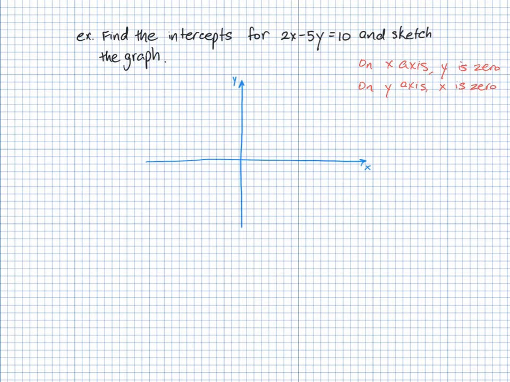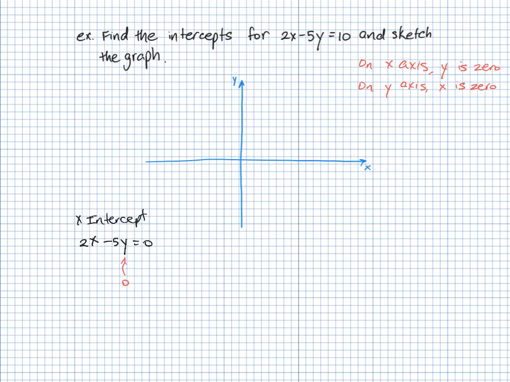All right, so let's use that to figure out the x-intercept and the y-intercept. Let's start with the x-intercept. We have an equation, 2x minus 5y equals 10. And I want to figure out where it's crossing the x-axis. So I can make my y value equal to 0.